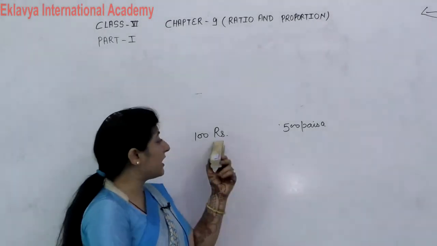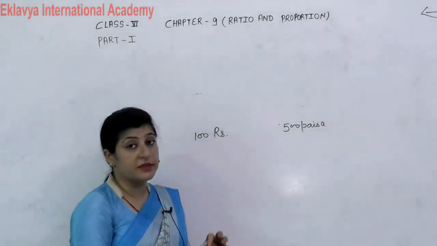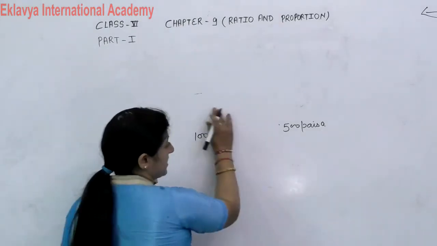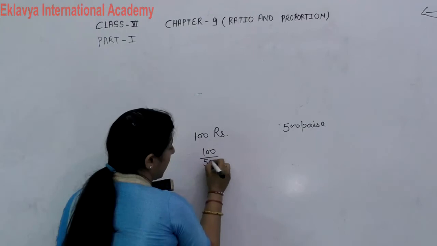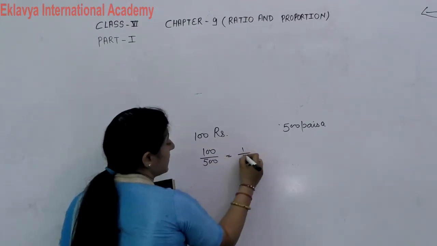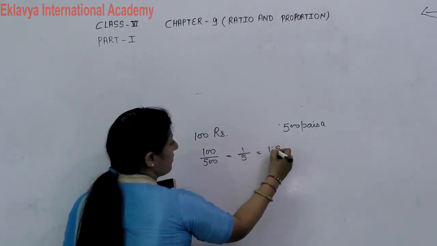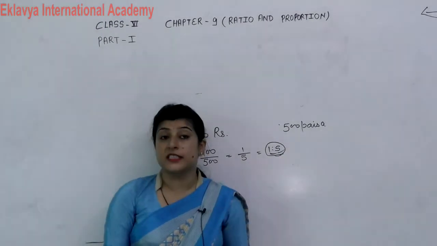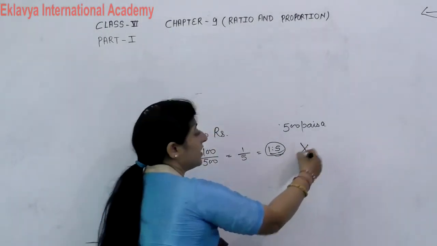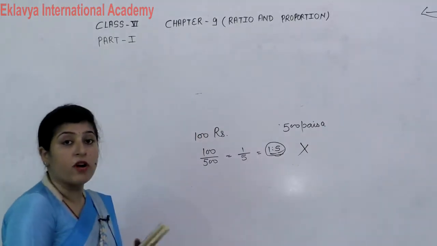We know that 100 rupees is greater than 500 paisa. If we didn't concentrate on the unit or we write down directly, it becomes 1:5. It means paisa is more important than rupees. It is totally wrong.